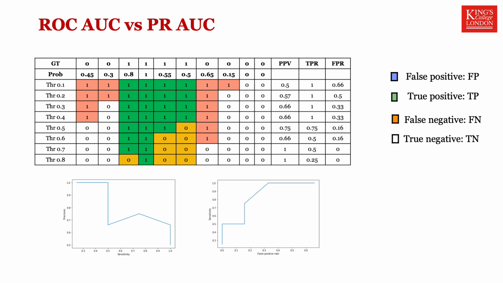So here is an example of different probabilities of classifying for a specific diagnosis, either 0 or 1. You take the different thresholds and you calculate the associated positive predicted value, true positive rate, and false positive rate.